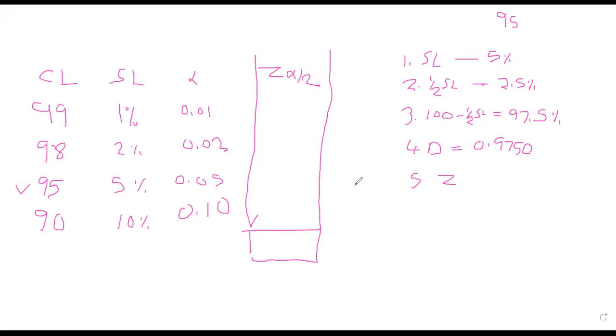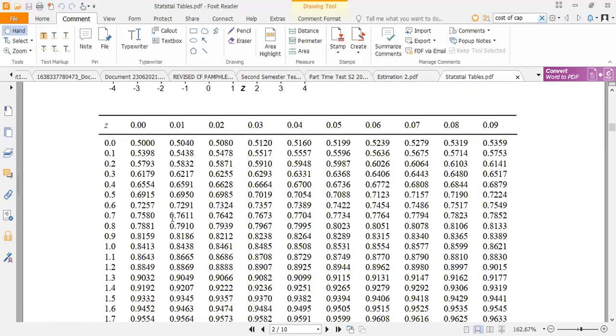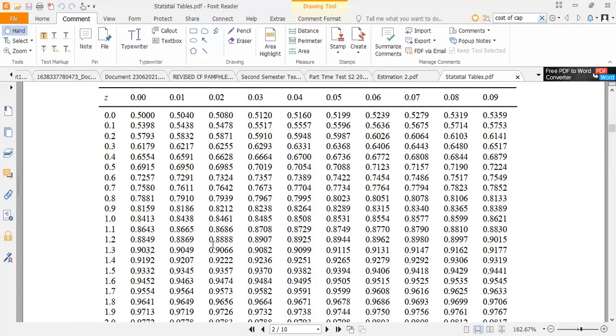When you go into this table here, read from inside the table. So you know how to read the Z tables by now. 1.22 gives a probability of 0.888. When you're going backwards, this is called 1.22. That is our Z. So here inside, we're going to look for 0.975.